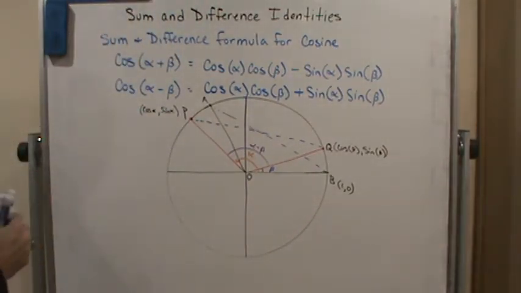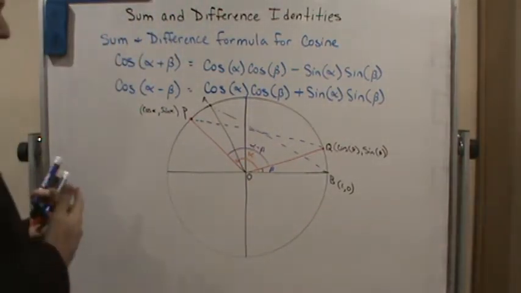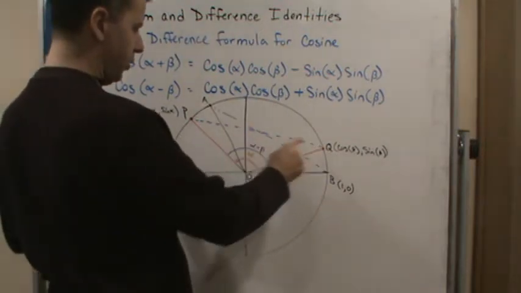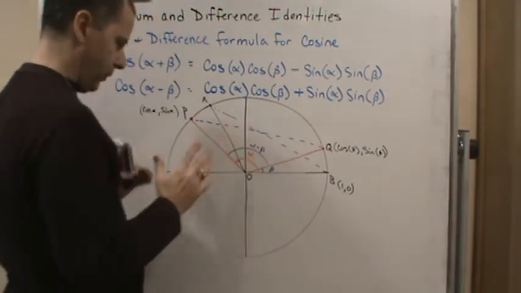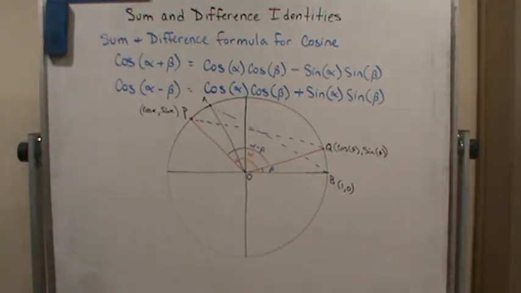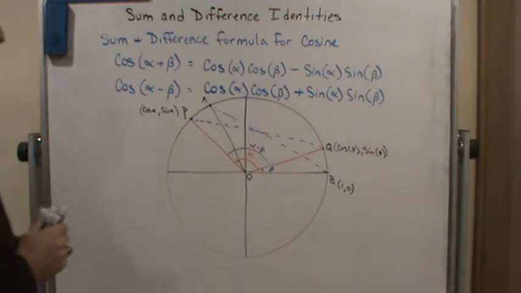And so naturally, the distance PQ is equal to the distance AB. We know that to be true based on our construction. So now we are going to find the distance PQ and the distance AB.